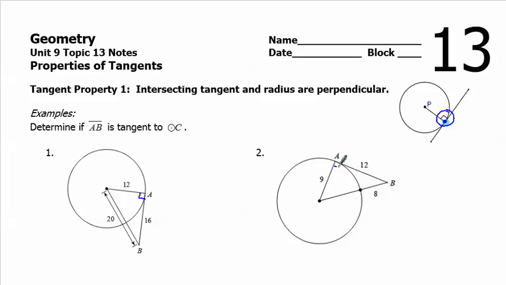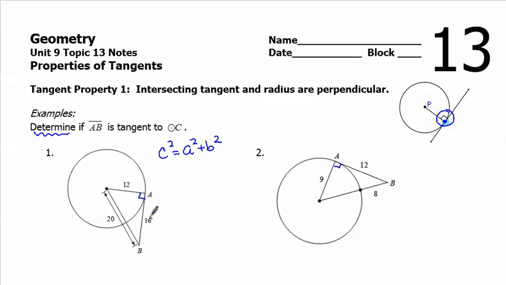So with right triangles, if we want to prove that something is tangent, we're determining whether it's tangent, we're going to use the Pythagorean theorem. So here I'm going to use c squared equals a squared plus b squared to determine if this is a right triangle, because if it is, then AB would have to be tangent.